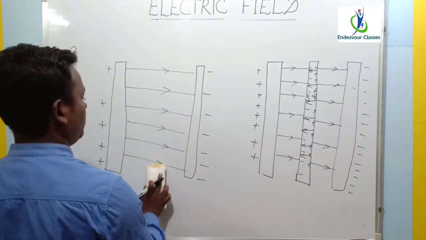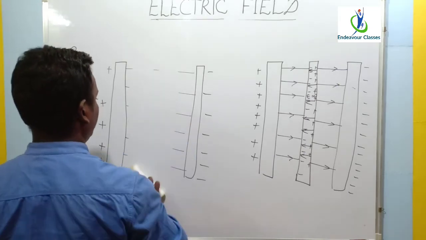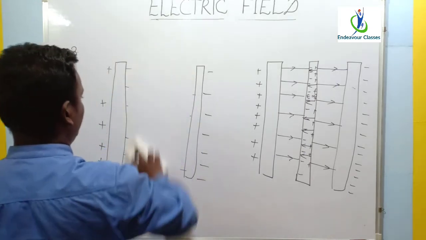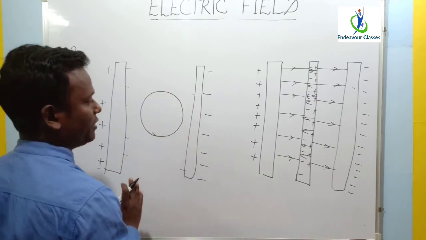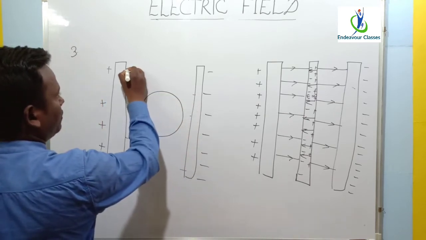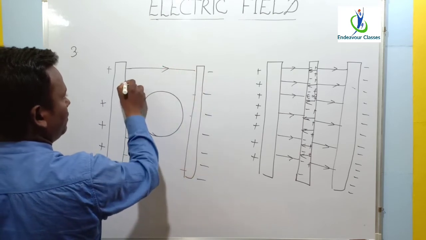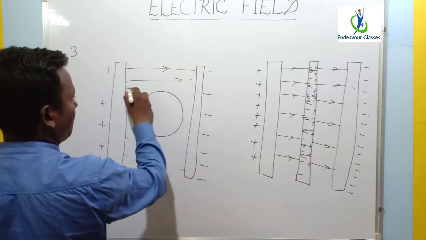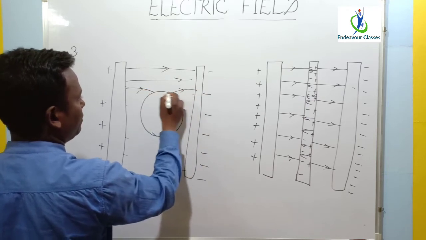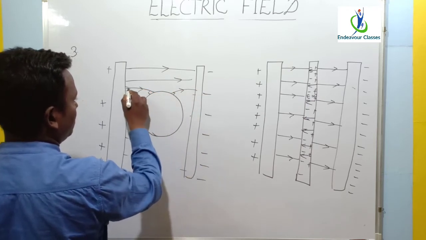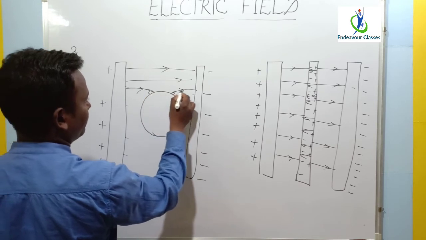Now let us draw another example. In between these two plates, suppose we introduce a conducting spherical ball. Then what will happen? It must be perpendicular, that is why I am drawing like this.